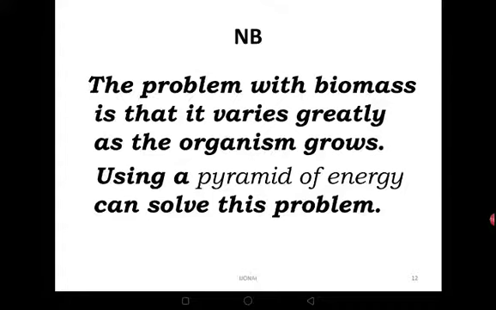But before they did that, they discovered the problem with the pyramid of biomass as well. And the problem is that the biomass keeps on varying from time to time. Imagine the maize plant in January and the maize plant in March. Will the weight be the same? Surely, the weight is going to be different.